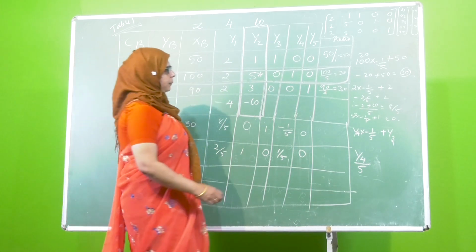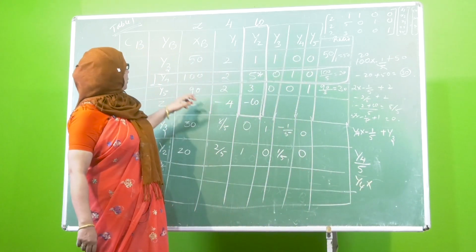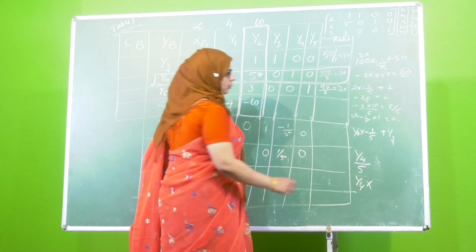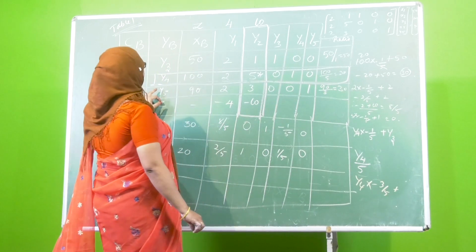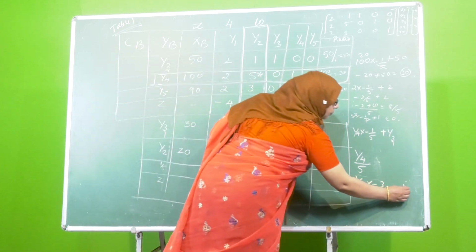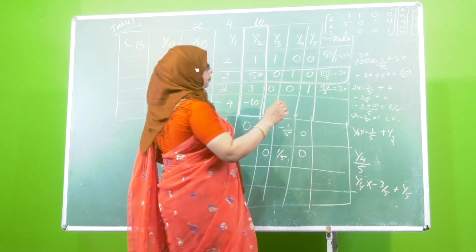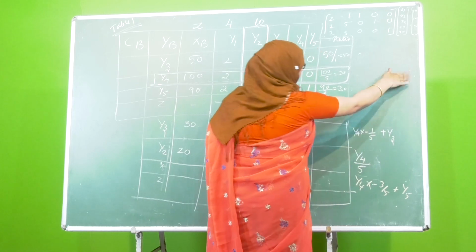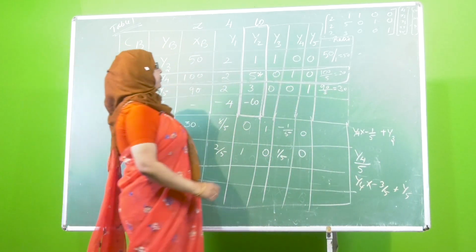So y4 into minus 3 by 5 plus y5. Okay. So y4, what is the element in y4? 100.